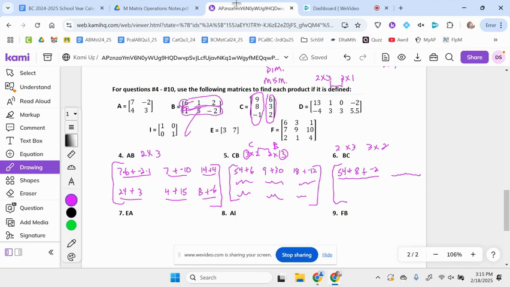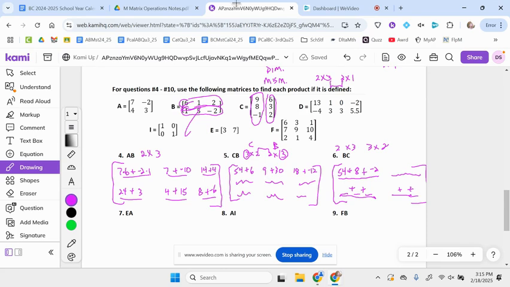Then you take this row times this column, number plus number plus number. I just don't feel like doing it right now. And then you add them. And then this last one, second row times second column, number plus number plus number. And you end up with a 4 by 4 matrix. Very easy. Let's get one that doesn't work.